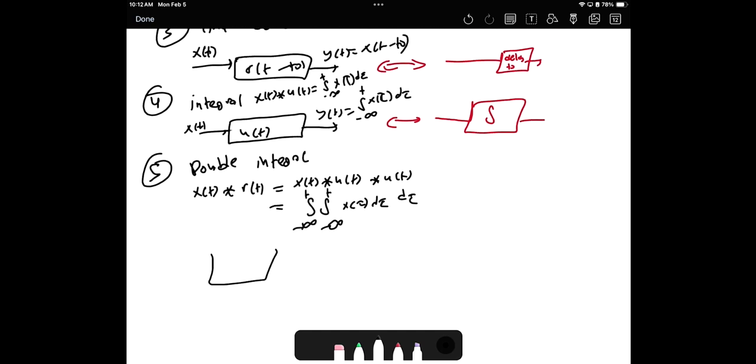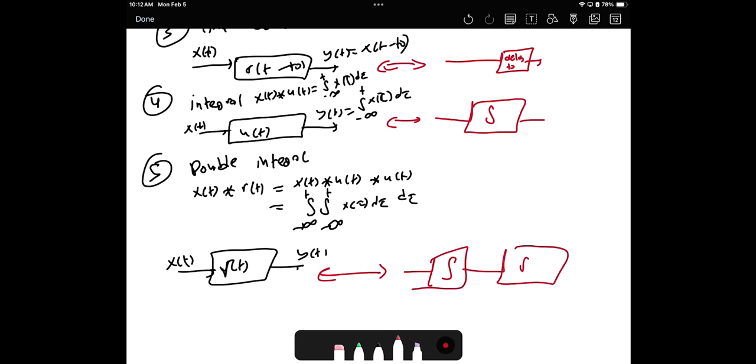And this is equivalent, when I have here x of t, here r of t, here y of t, equivalent to the first integral from negative infinity to t, then negative infinity to t, and that's it.